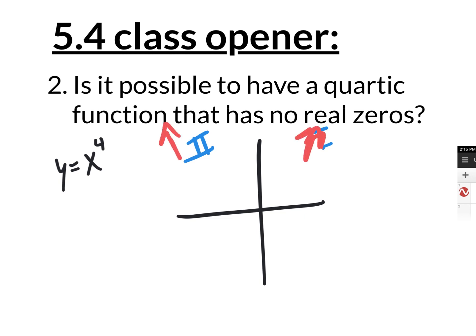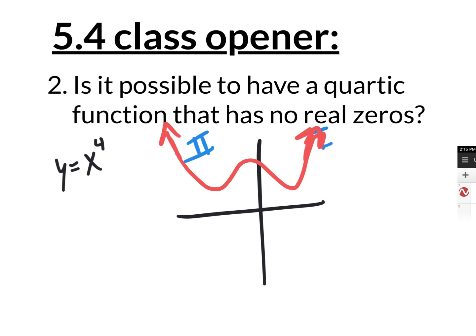So based on that end behavior, there's nothing that tells me that it has to cross the x-axis. It could be something like this, like down, up, down, like a W, and it's all clearly above the x-axis. So it is possible. Yes, it is possible for a quartic function to have no real zeros. It doesn't cross the x-axis.